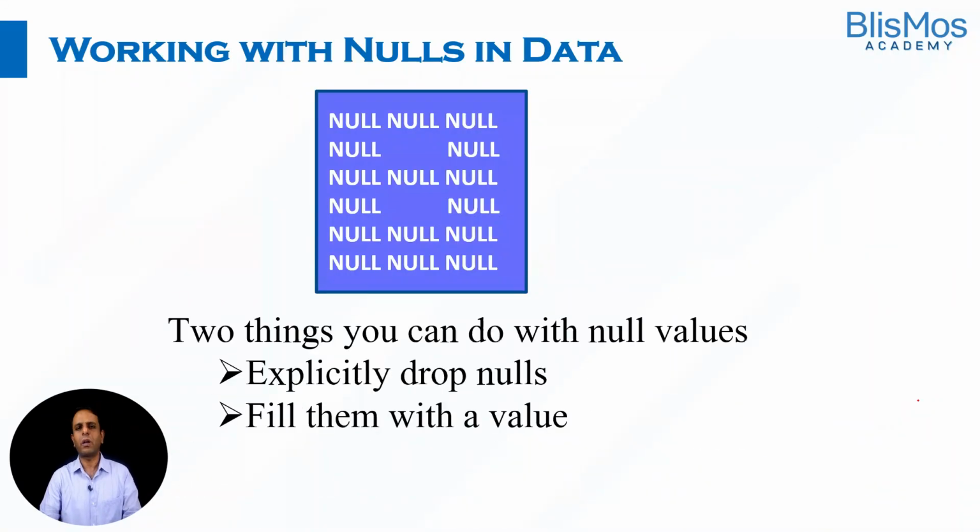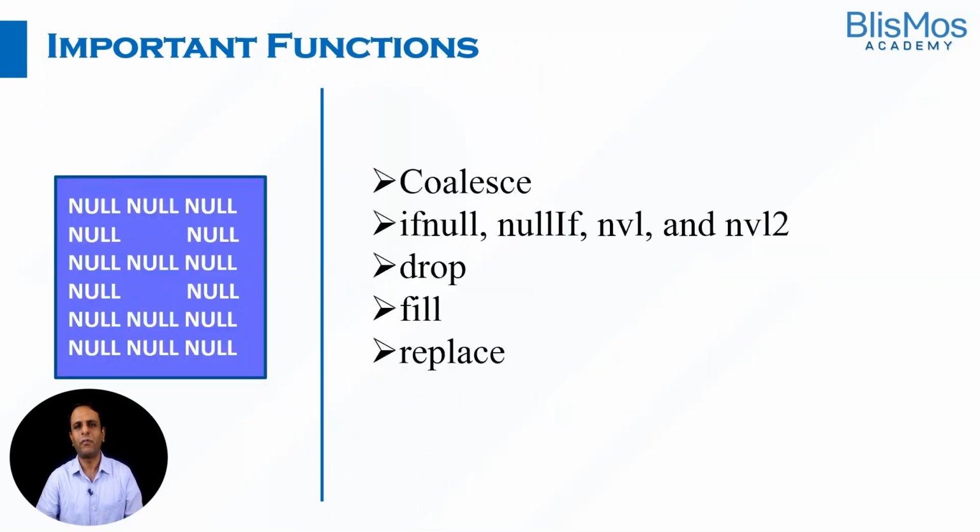How do we work with the null values? Two simple things. They are either explicitly drop the null values or fill them with the value which you want. Drop the null values, or fill them with any values which you really want to have as a part of your data. One of those two things can be done. To do that, we do have different functions.